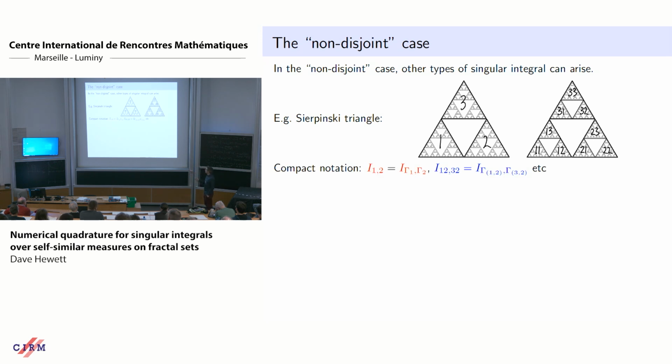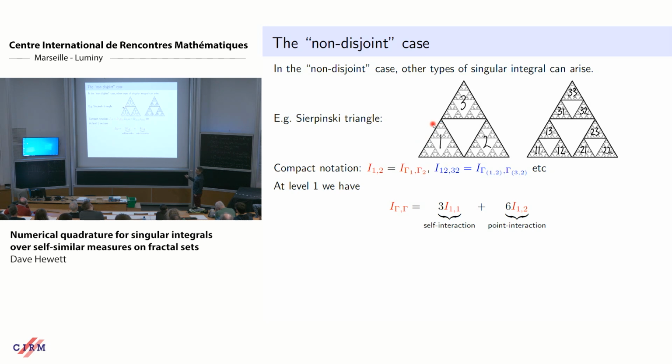So I'm going to use some compact notation just to make life easier. So I12 just means the double integral over gamma 1 times gamma 2, okay, and so on. And at level 1, we have this decomposition. So the integral over the whole fractal with itself is 3 times the integral over gamma 1 with itself.